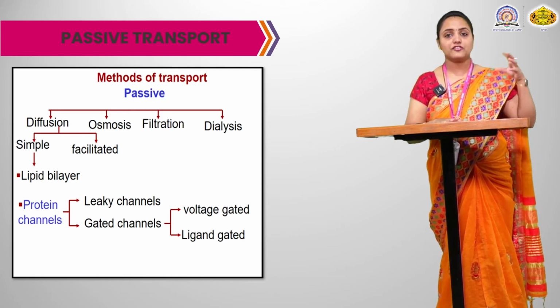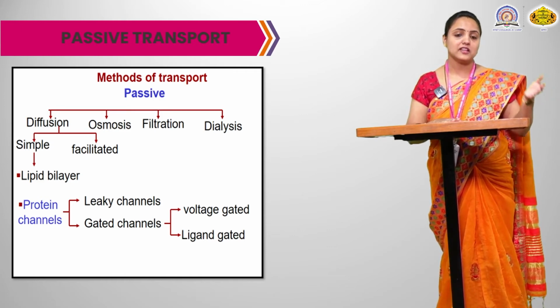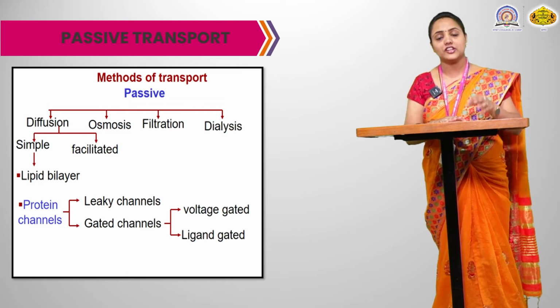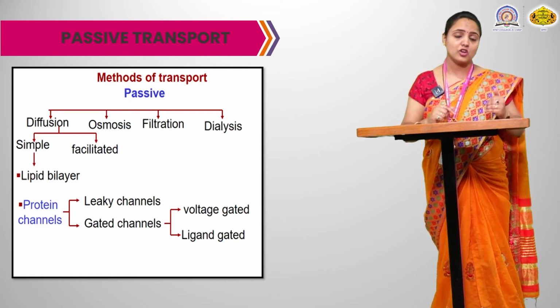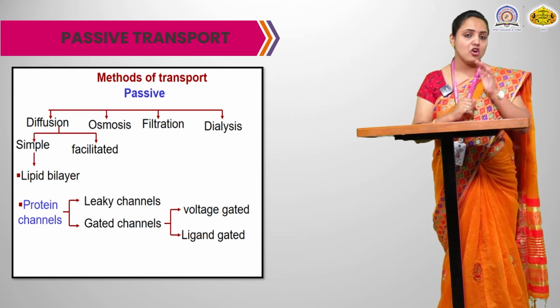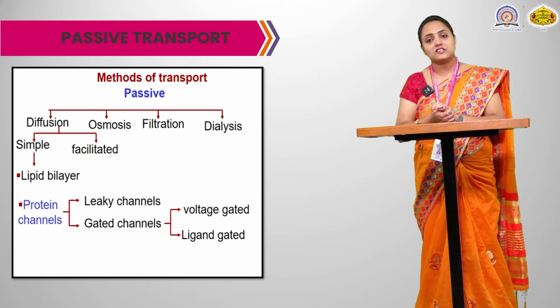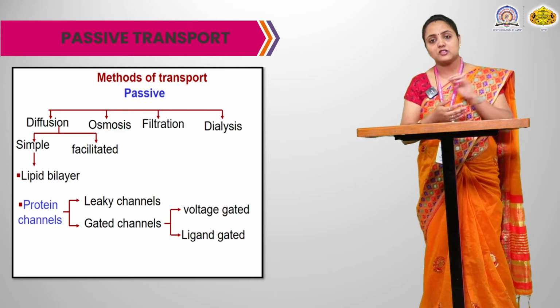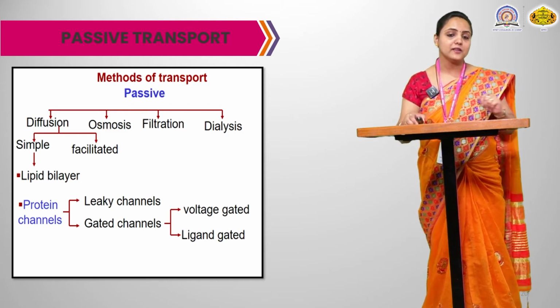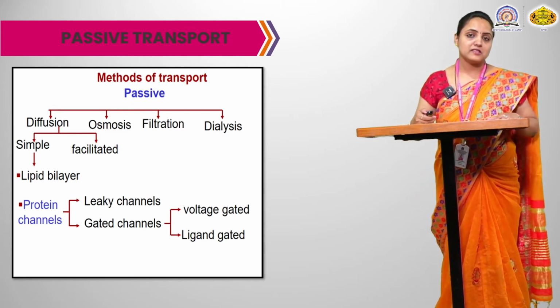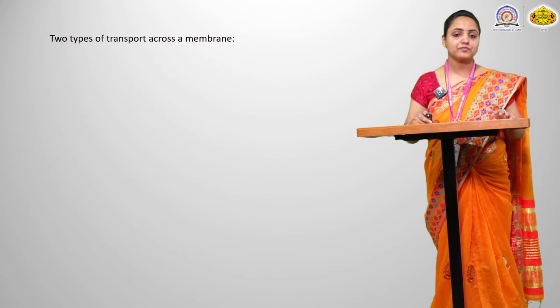If the potential difference is there outside the cell, then the voltage gated channel would open, because there is a stimulus or response to that channel or protein. And ligand gated means it is substrate specific. If the substrate is present, then it would open, and the transport mechanism would go on.